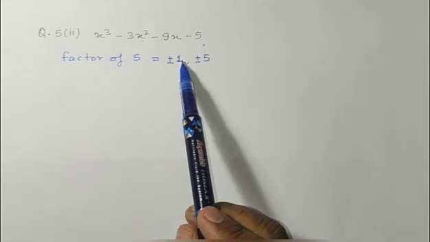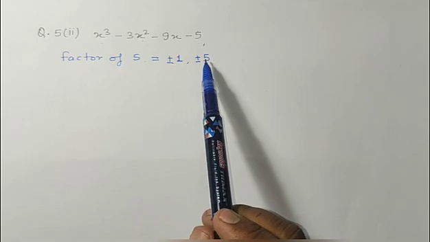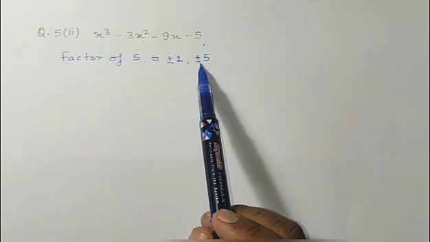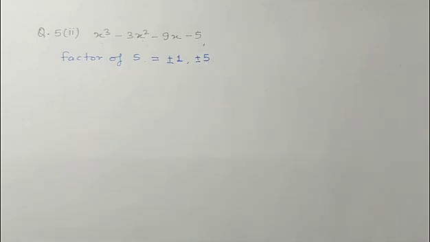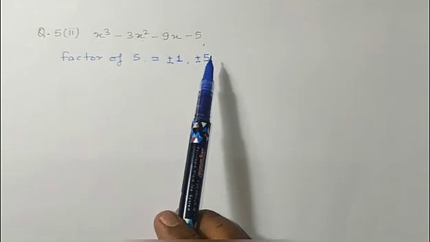So firstly we'll write the factors of 5. That will be 1 and 5. We will write 1 with both signs, plus and minus, and we will write 5 with both signs, plus 5 and minus 5. What are we going to do, students? Firstly, we are going to find a factor of this polynomial by the method of hit and trial.